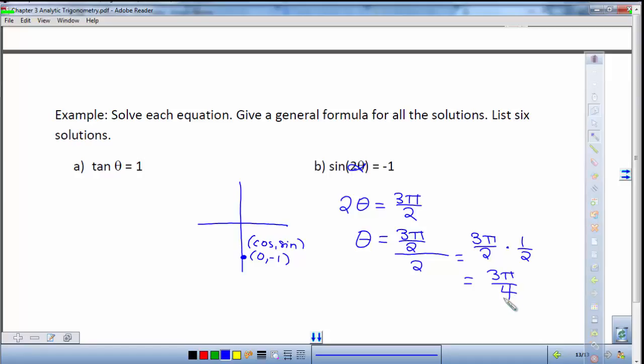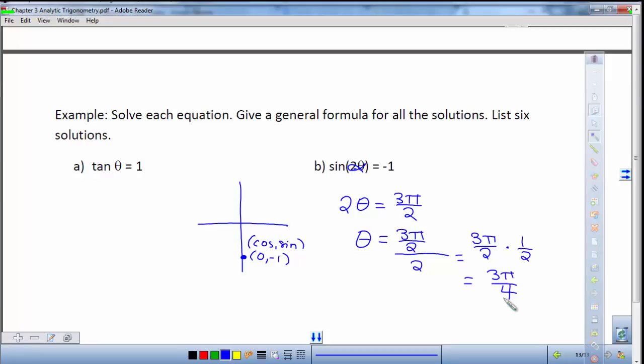Theta equals 3 pi over 4. Okay. Now, we're not quite done because we need a general formula, right? So at this point, actually I need to go back a step.